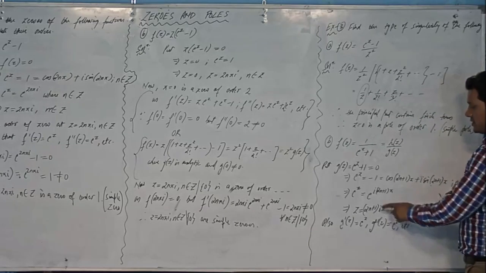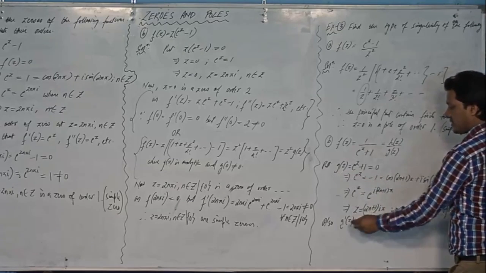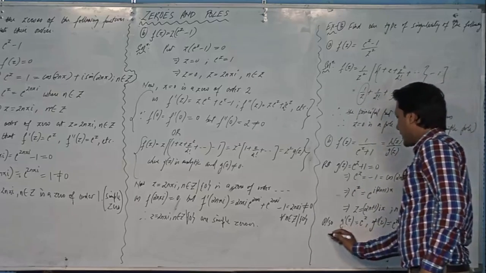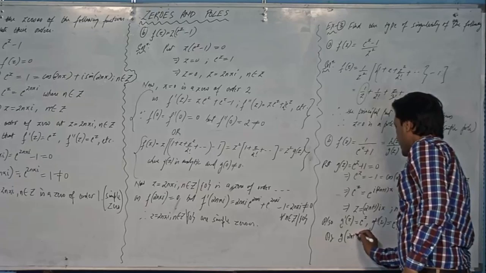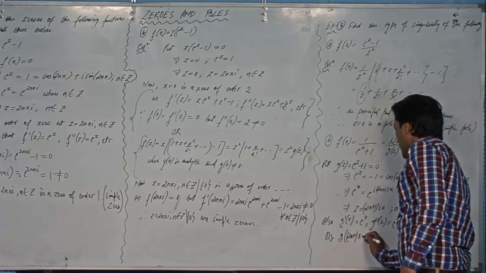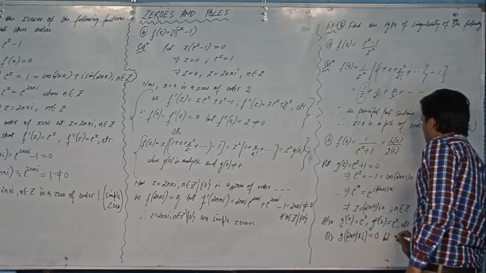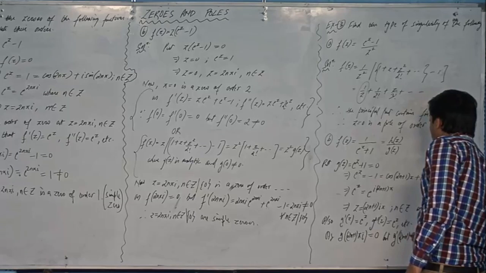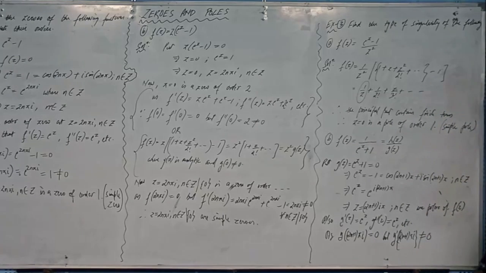And now you see that if you plug the zero of g(z) into g and g dash, g at (2n plus 1) pi eta is equal to 0, right? But g dash at (2n plus 1) pi eta is not equal to 0, right?